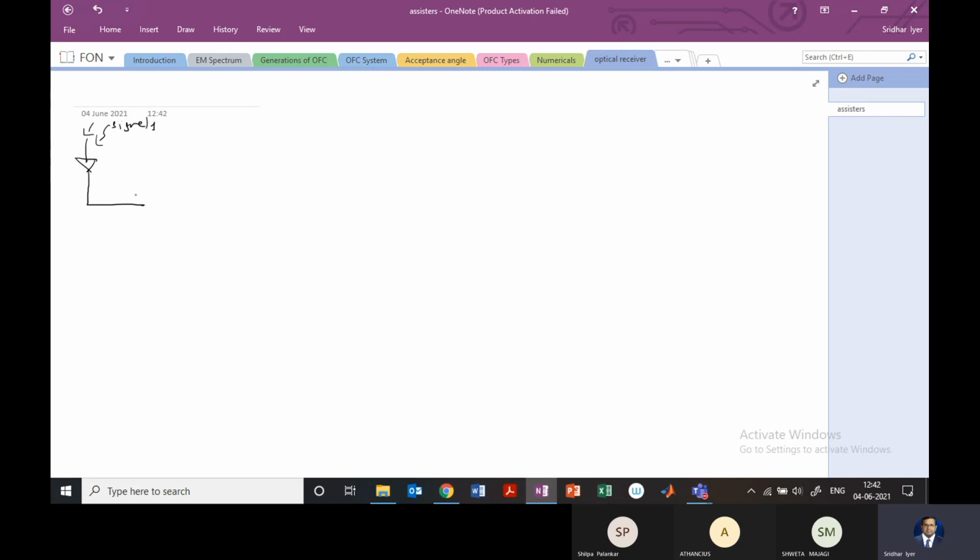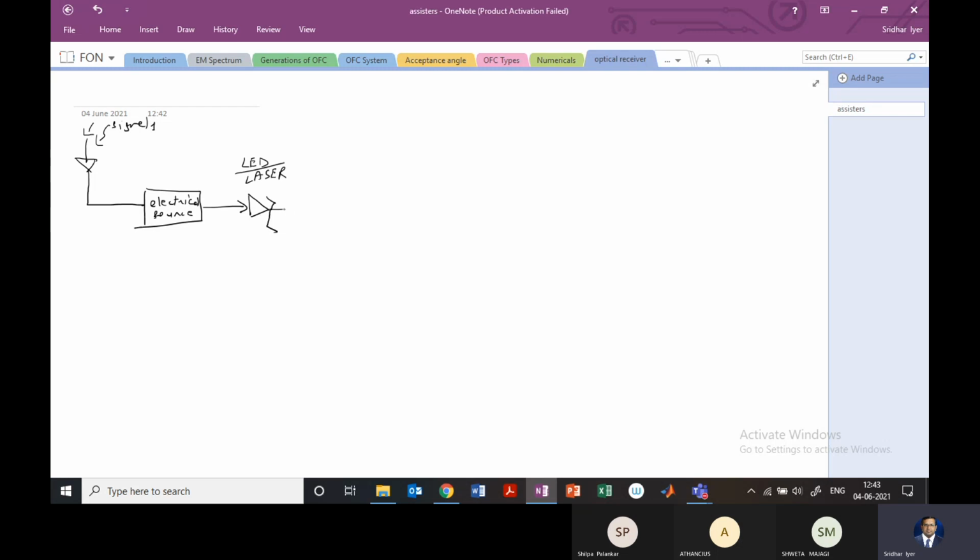The antenna will now provide this input to an electrical source. This source will now give the input to an LED or a laser diode. So this is an LED or a laser.